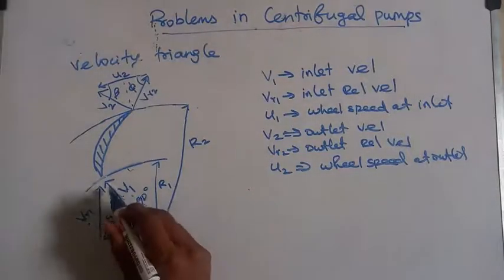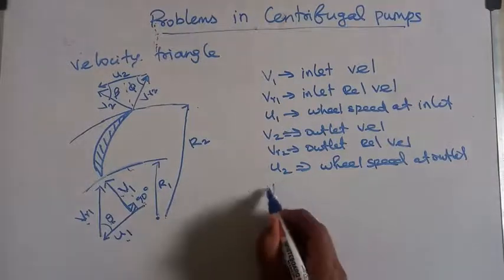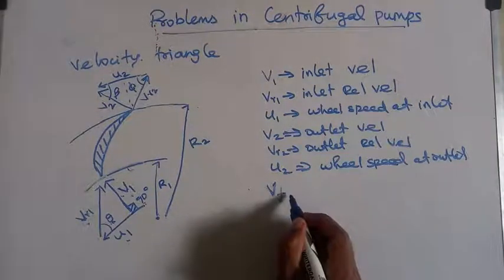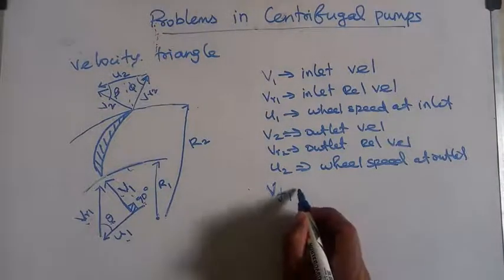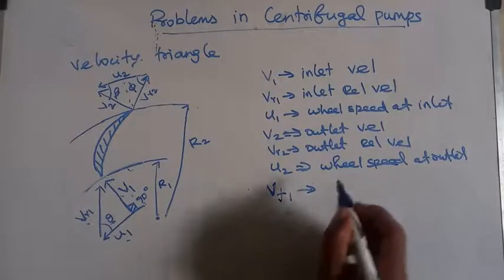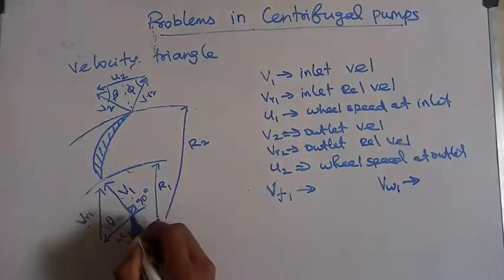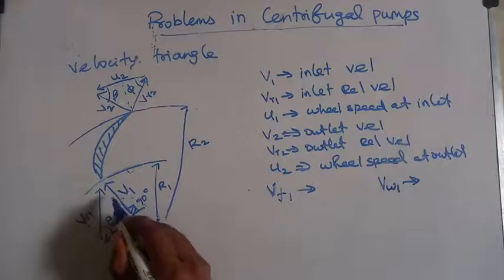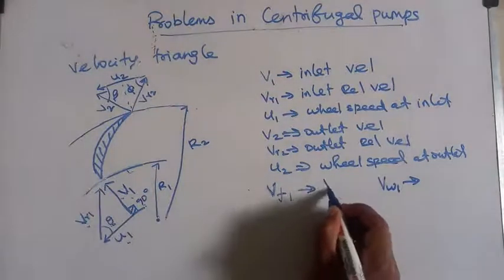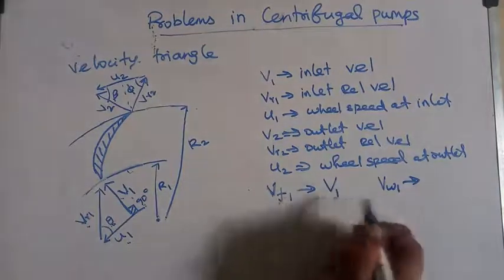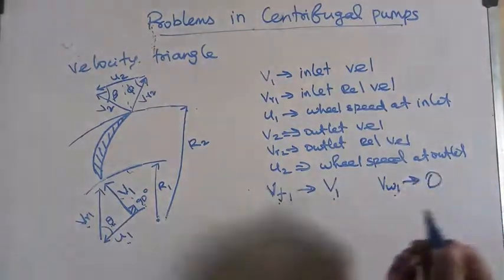We have two terms: VF1, the flow velocity, and VW1, the whirl velocity at inlet. Since V1 is vertical, there is no horizontal component, so VF1 is equal to V1 and VW1 is 0.